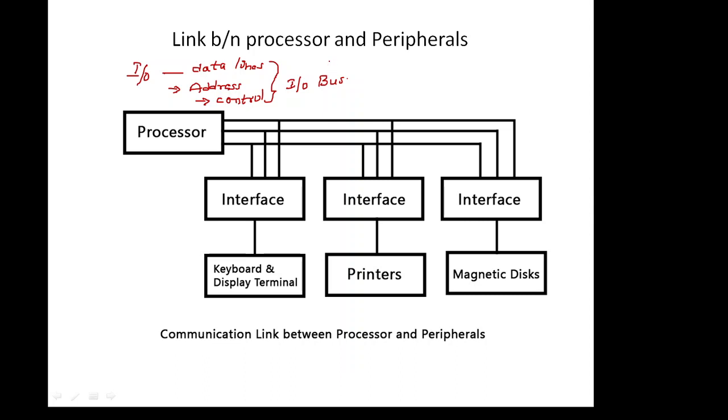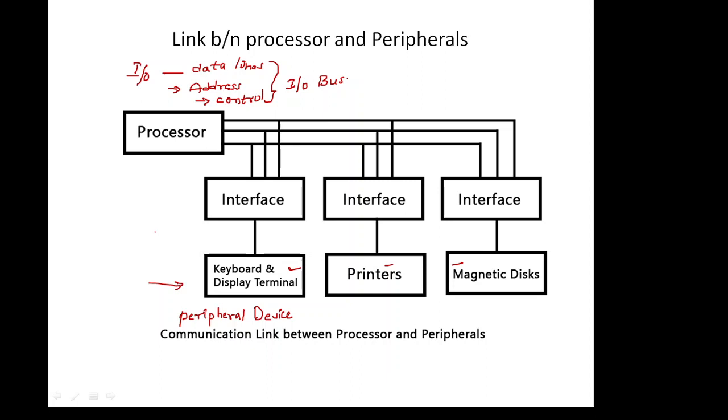Here, all these are called peripheral devices. The keyboard and display terminal, the printer, the magnetic disk, all these are peripheral devices.